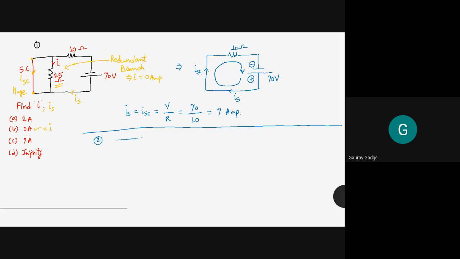If you have one resistance connected in this pattern with a voltage source, then again a voltage source and a resistance.